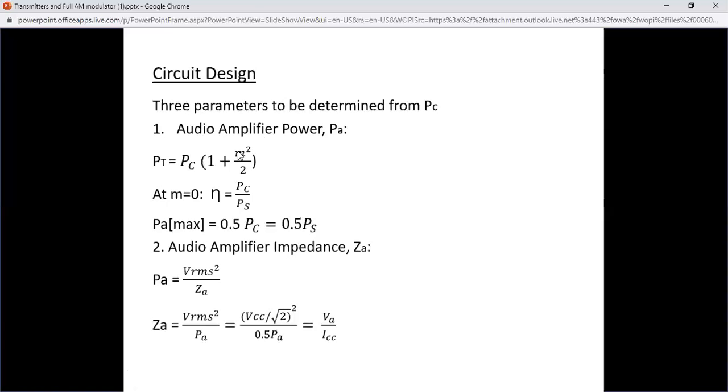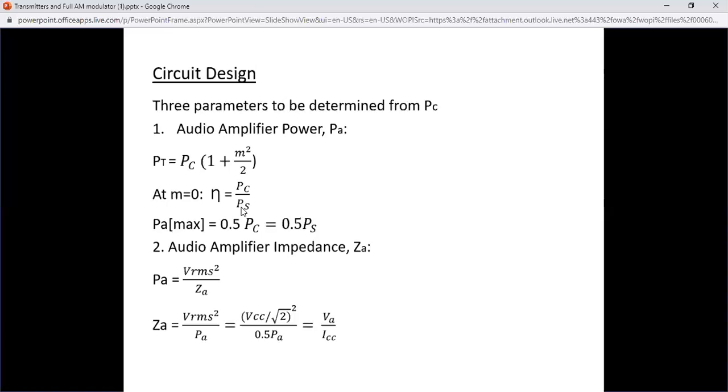And we know that the efficiency for class C at m equal to 0 is PC, or the carrier power, over the supply power. So at the maximum power, the efficiency is equal to 100%. Therefore, the carrier power is equal to the supply power.